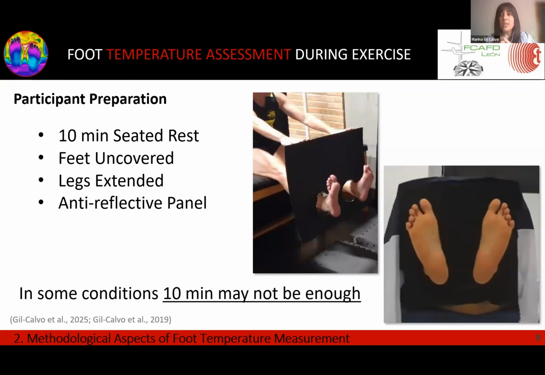And we also noticed that after an intense running of 30 minutes, the baseline temperature may not be restored after 10 minutes. So if our participants come by walking or running to our lab, probably we will need more than 10 minutes to make the temperature of the foot stable before measuring them.